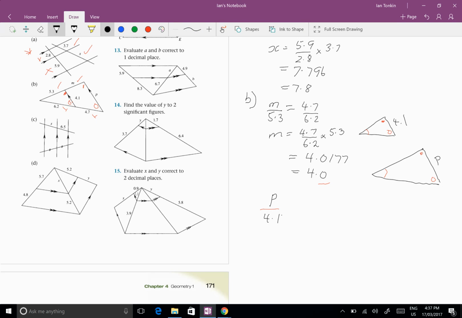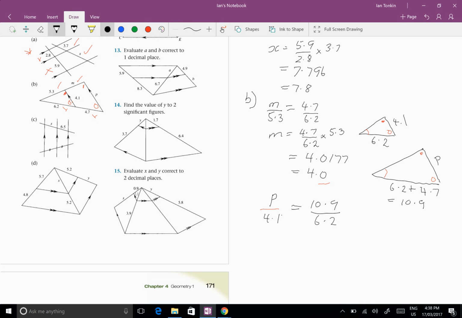Well, this one's easy because this one's 6.2, but this one is 6.2 plus 4.7, which equals 10.9. So the ratio of these two sides, remember it's the big one to the small one, so it's 10.9 over 6.2.